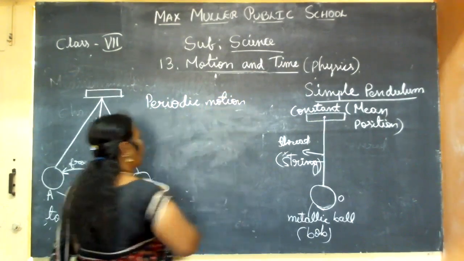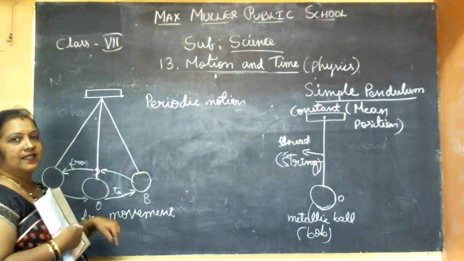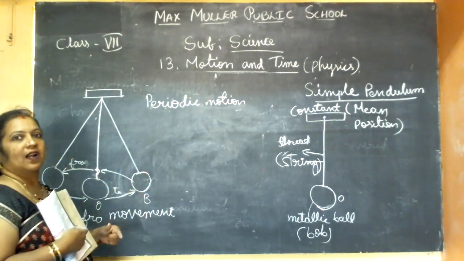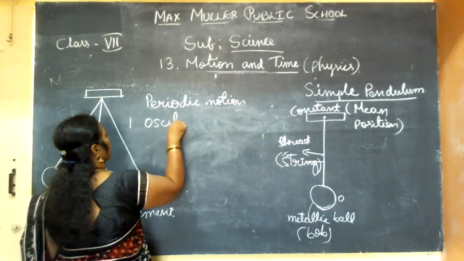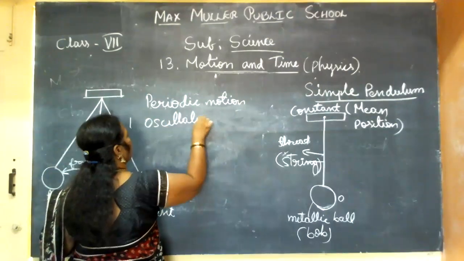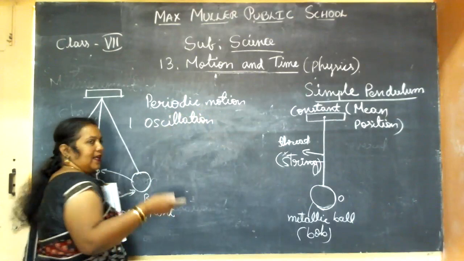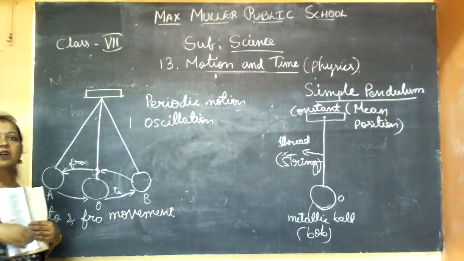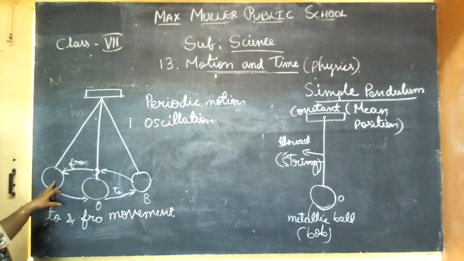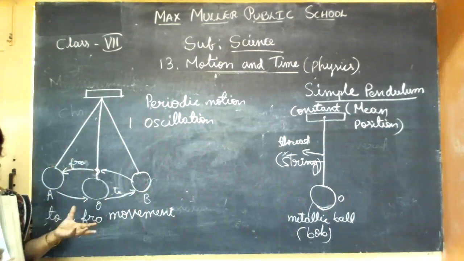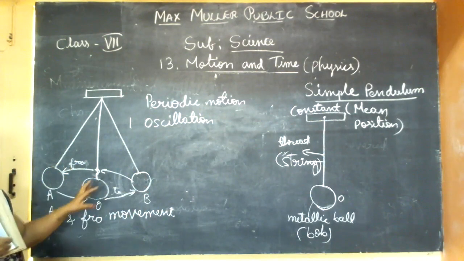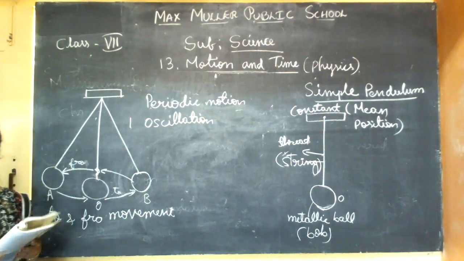See here, for the simple pendulum, if it has completed one complete round, we will consider it as one oscillation also. One oscillation means one complete rotation of the movement of the bob. So it is the to and fro motion of the bob. One circle of the bob we will consider as one oscillation.